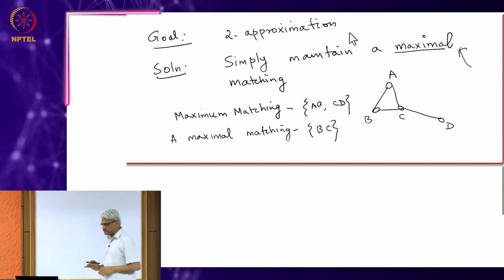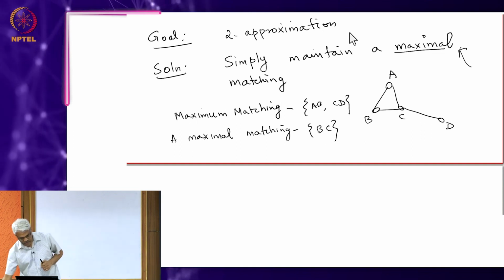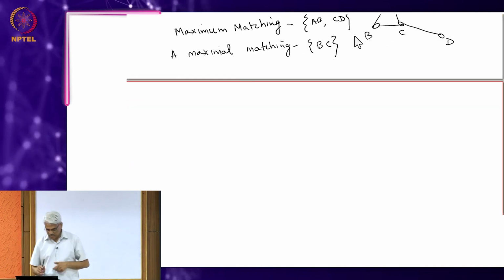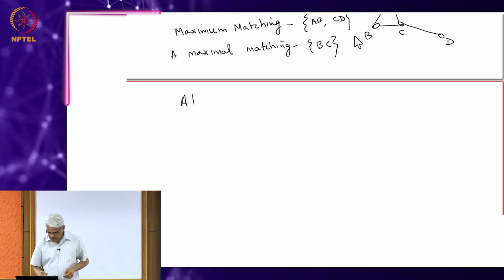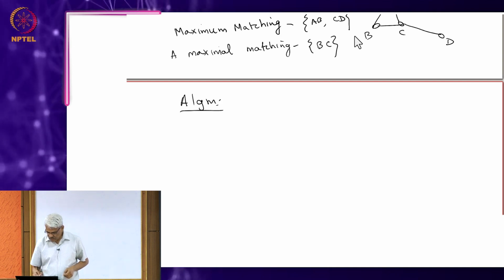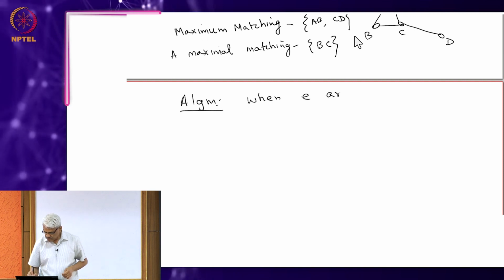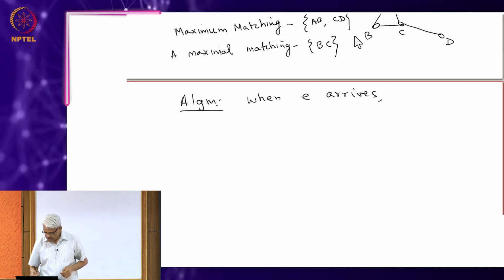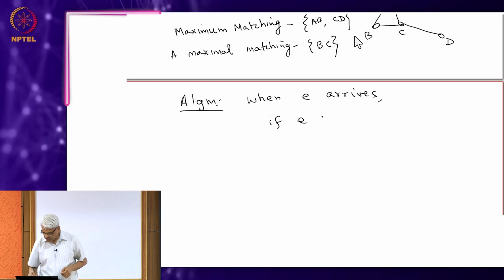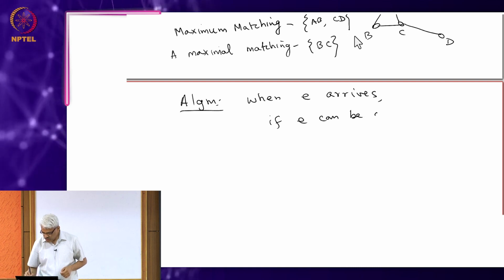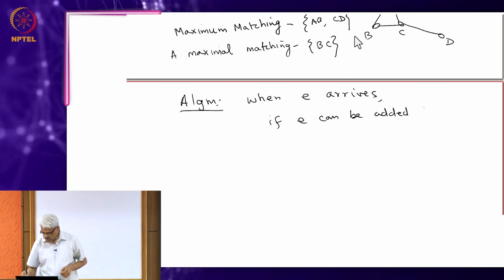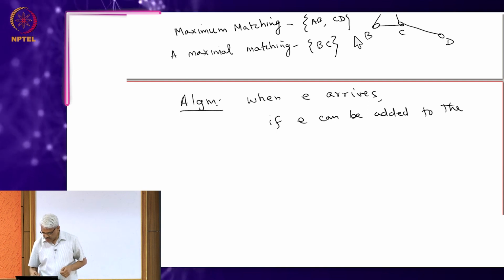Okay, so the algorithm: when E arrives, if E can be added to the current maximal matching, add it.